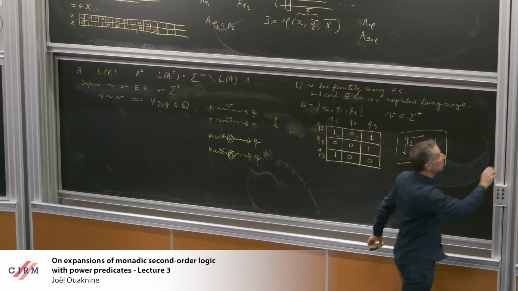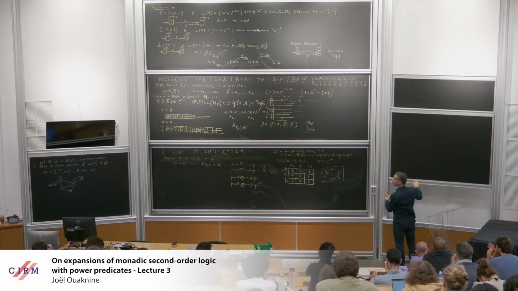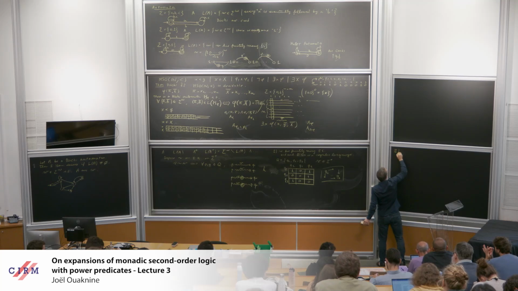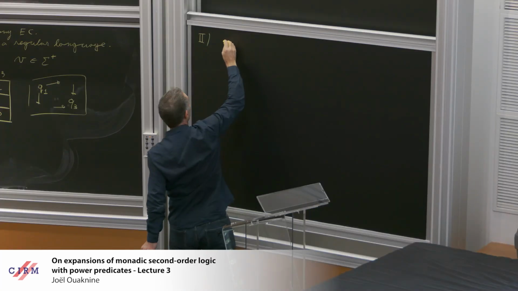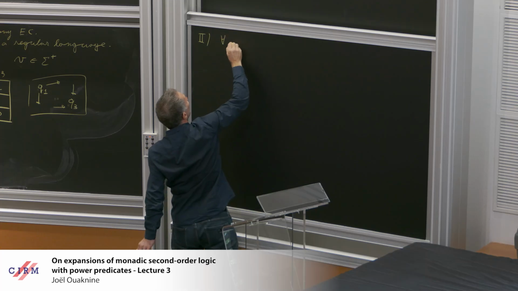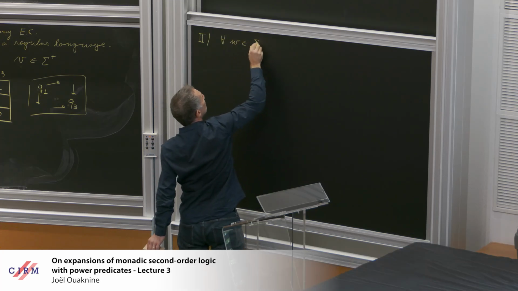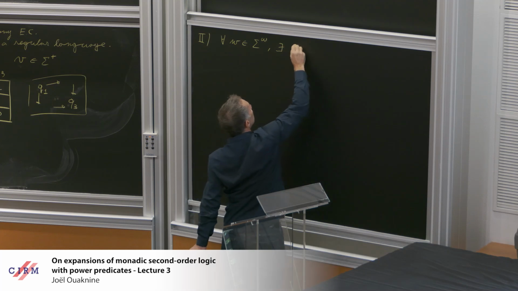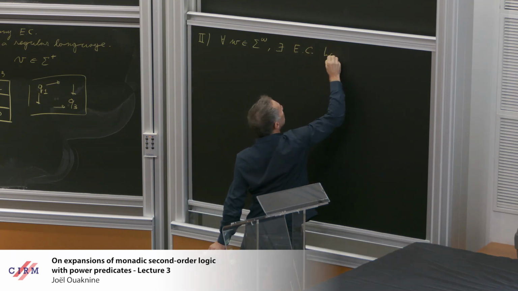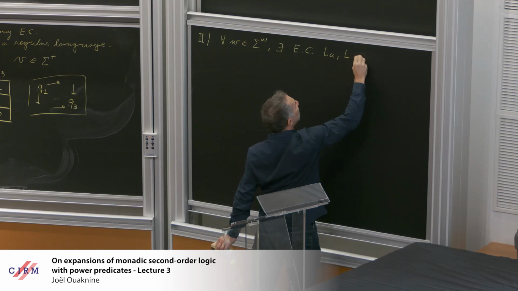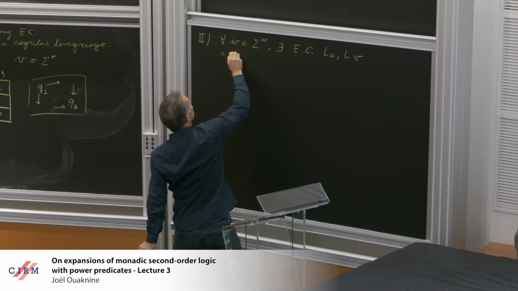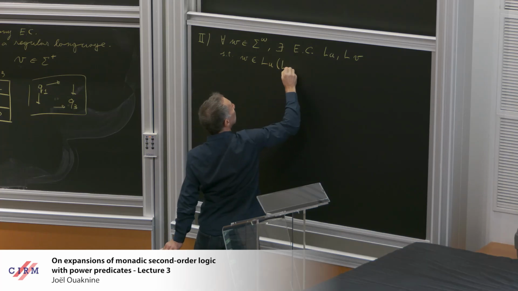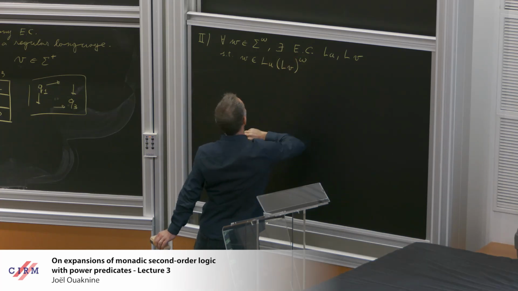Now, I need a second result. So 2. For all w in sigma to the omega, there exist equivalence classes LU and LV such that W belongs to LU, LV to the omega.